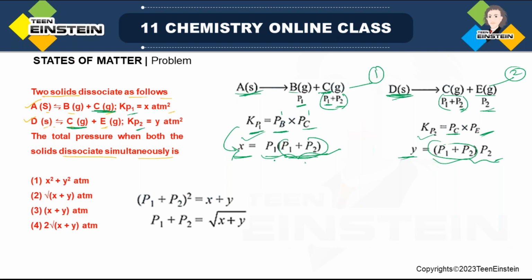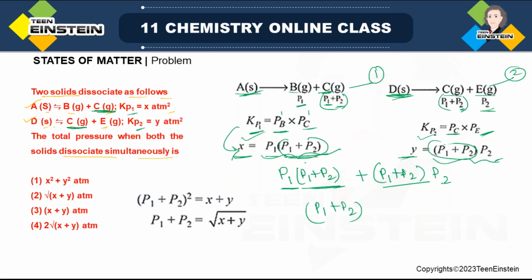That means P1 plus P2, then P1 plus P2. So this part is common. If you take P1 plus P2 common, you will be left with P1 plus P2. Basically these two are the same, so there will be a square. That is why it is written directly as a square.